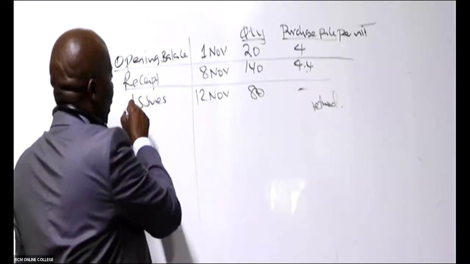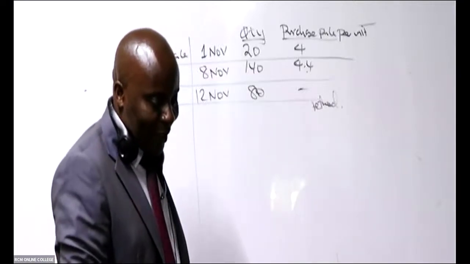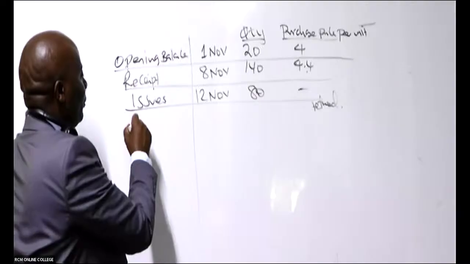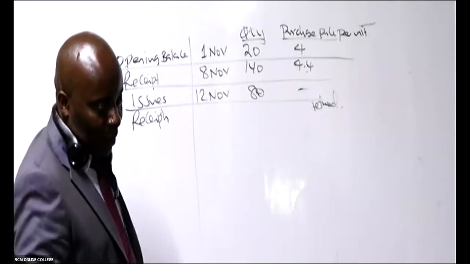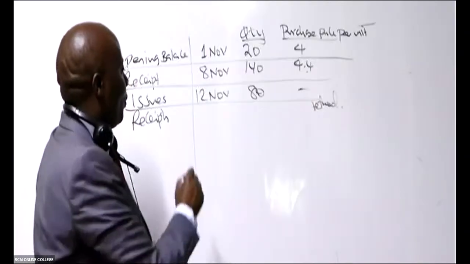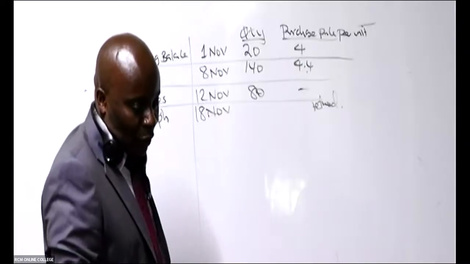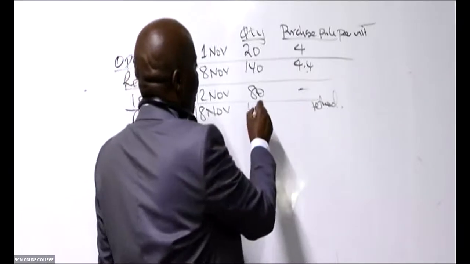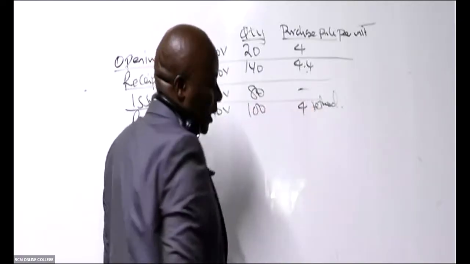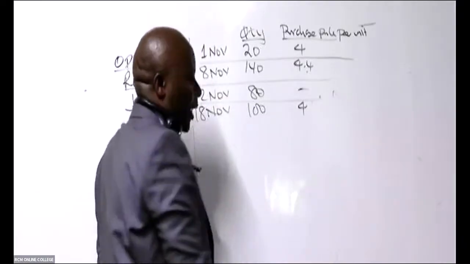We go to the next one. What do we have over here? Receipts. I can see 18th November. How many units here? 100. Because we received, we are procuring, and the figure is 4.6.